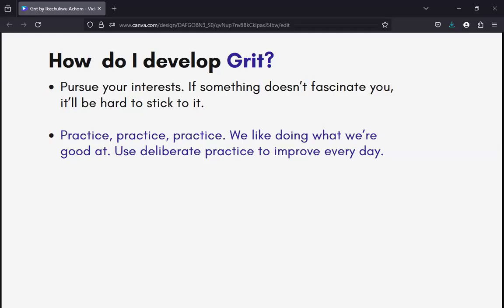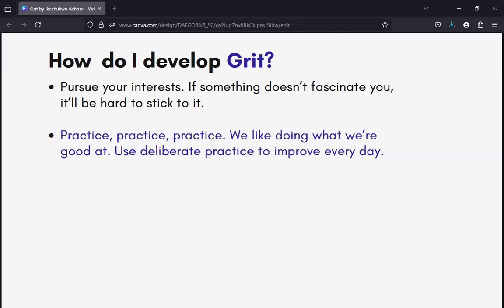We enjoy the things that we are good at, and we become good at what we consistently do. So gritty people embrace deliberate practice, setting small goals, fixing weaknesses, doing it again and again. My boss, Engineer Lawrence Akugbe, the managing director of Kode, usually says, if you do one thing a day, you've done 30 things in 30 days.